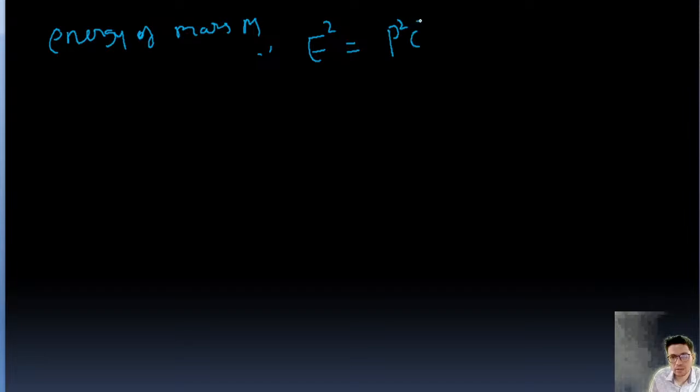We know the relativistic energy formula, that is E square equals P square C square plus M naught square C to the power 4. Here the rest mass is capital M for this particle, so this is the E square for the heavy particle. Now the momentum of small m.